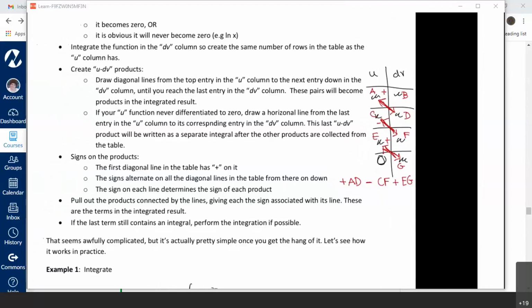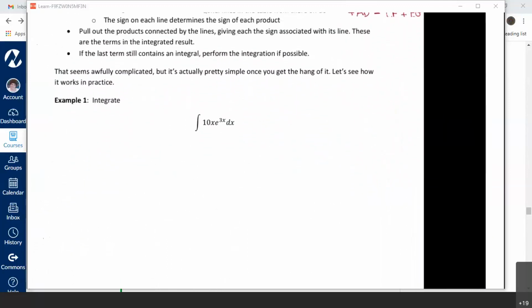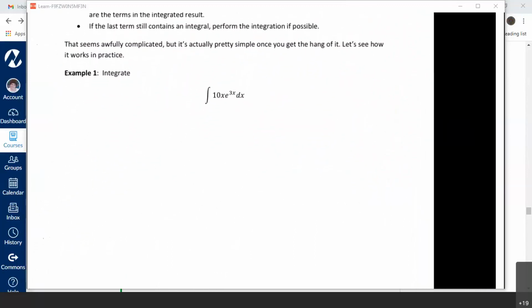So what we're going to do is show you a bunch of examples. All right, let's take a look at example 1, and I'm going to ask you a question in the chat. What two families of functions do you see multiplied here?